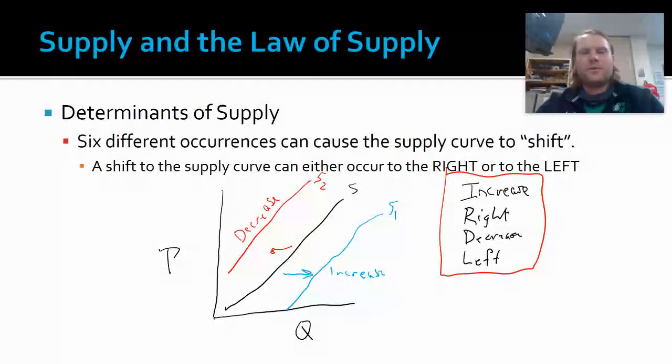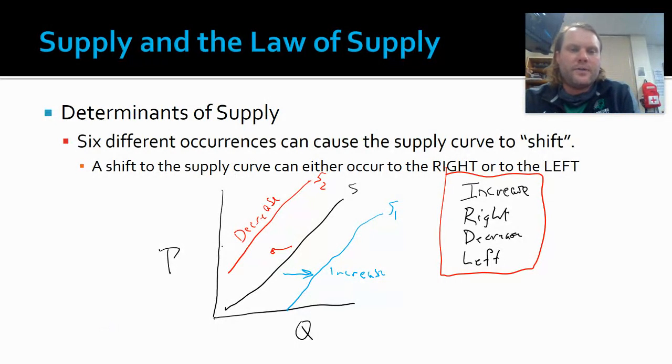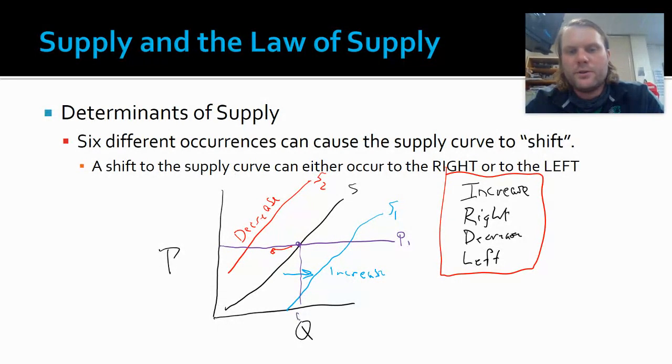So that's what our shifts are going to look like. What this is eventually trying to show us is that if we have a set price of something that's set by the market, at this particular supply, this is how much we'd be willing to supply. For whatever reason, and you'll see some of these shifters in a second, maybe one would be an increase in the number of producers.